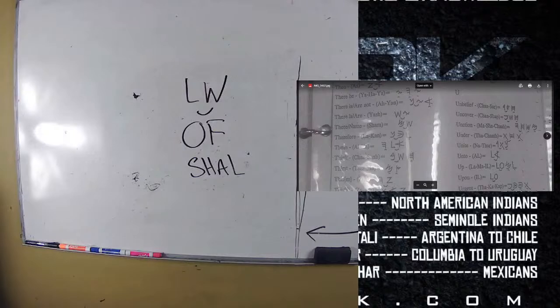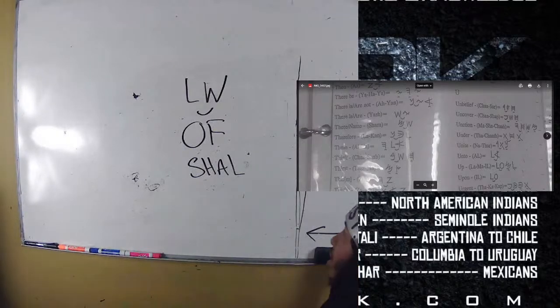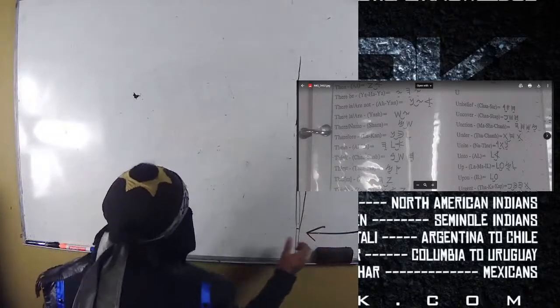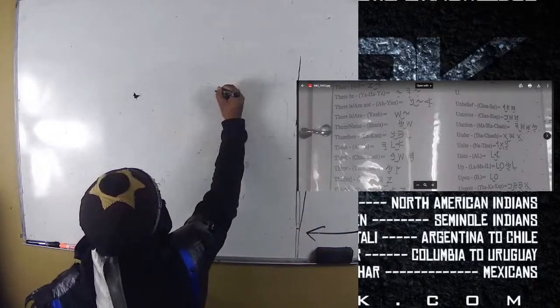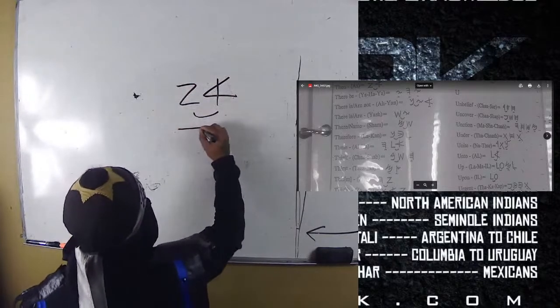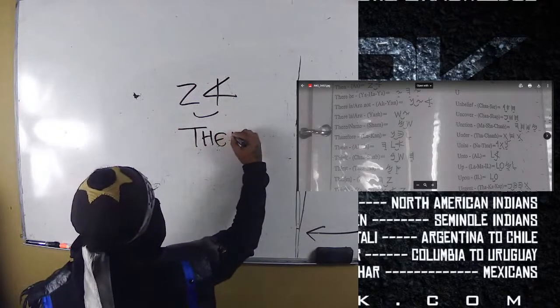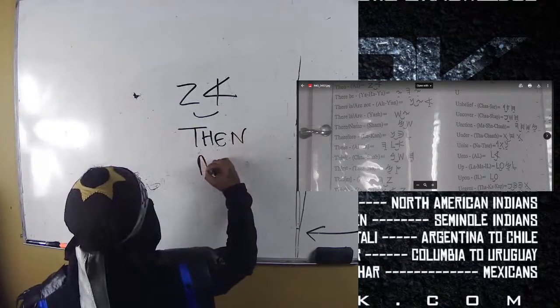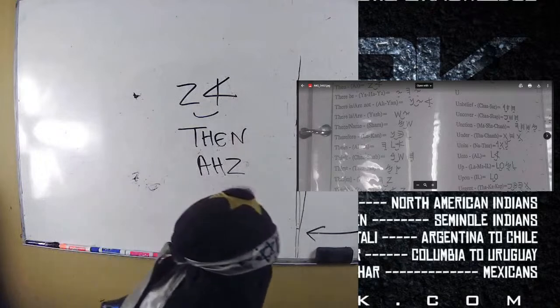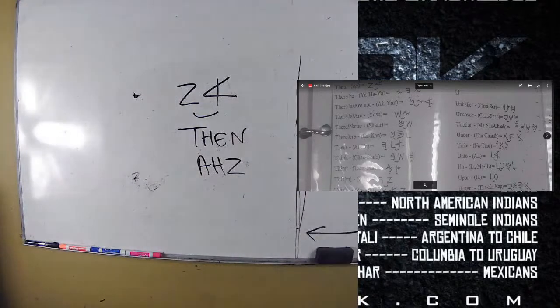Let me give y'all the word then. Same way I gave y'all the word then is eyes. Like the Wizard of Oz. Eyes. Then. All right. A-H-Z. Eyes. He said, then shall I turn to the people of pure language.